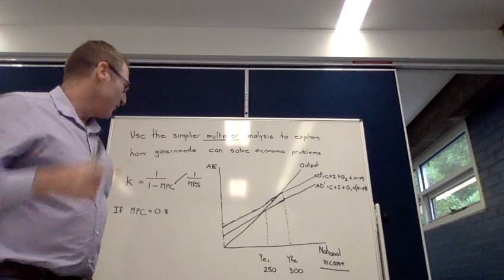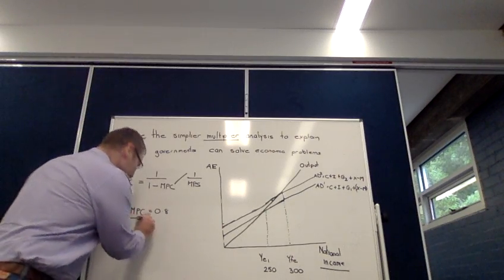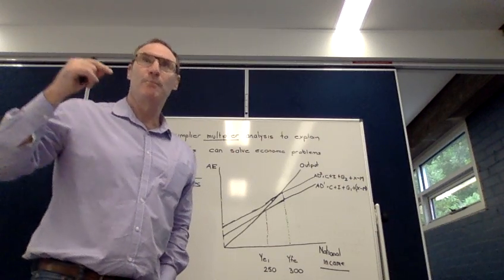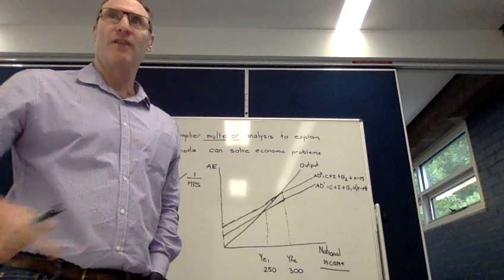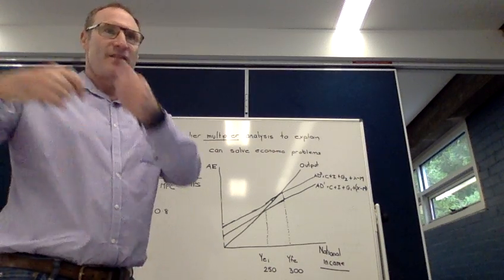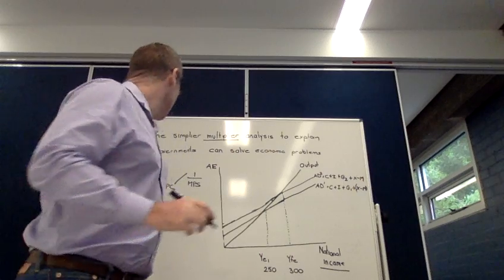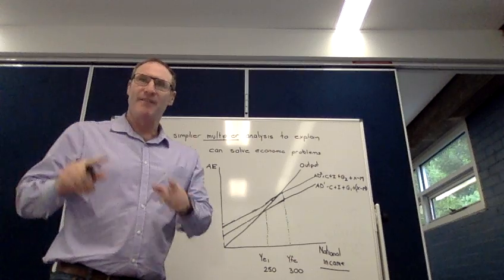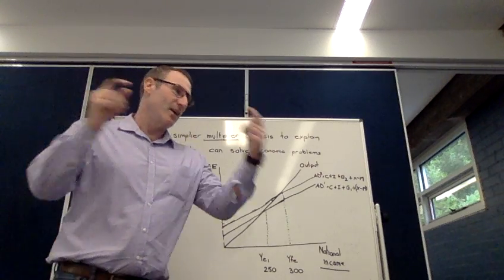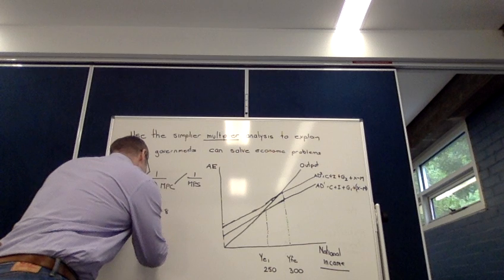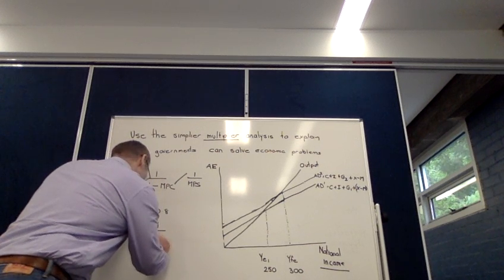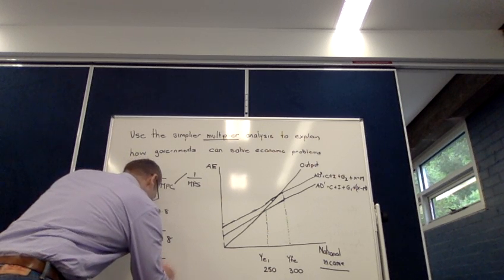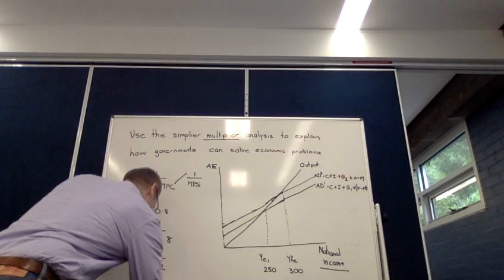You also remember that the higher the MPC, so the more each person spends proportionally of each extra dollar that they earn as income, the greater the increase in national income will be. So in this case, if it's 0.8, it means that 0.8 of every extra dollar is spent on consumption. So 1 over 1 minus 0.8 equals 1 over 0.2 equals 5.